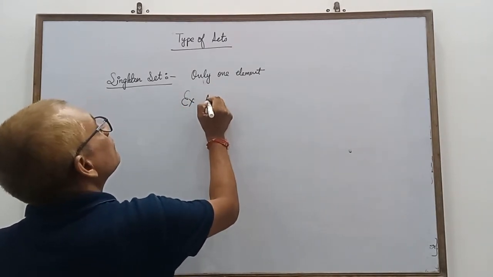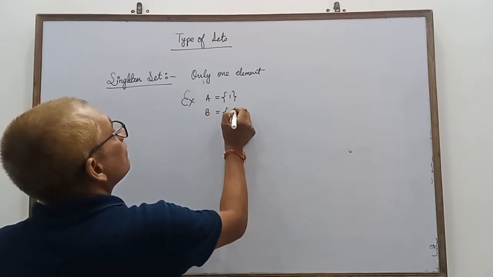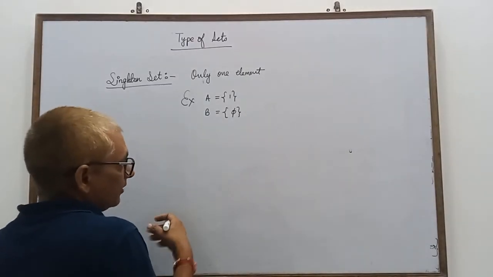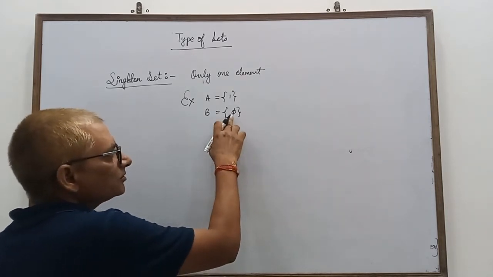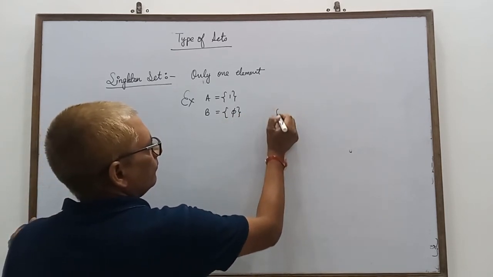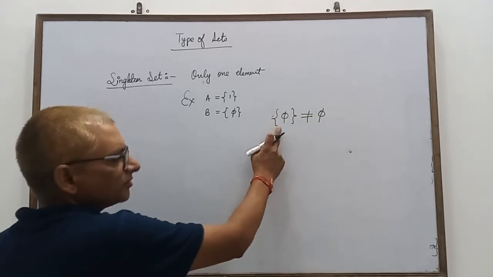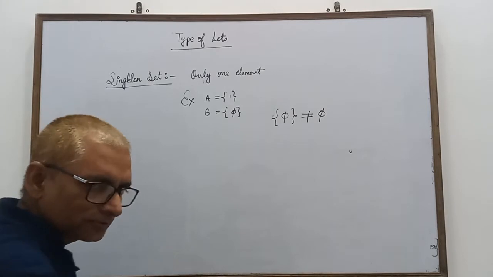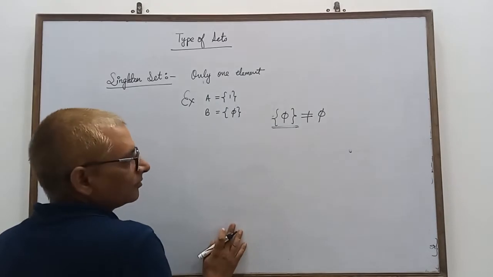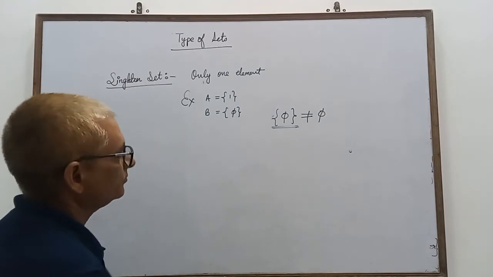Example: here I am writing {5}. To avoid confusion, 5 is in a bracket, so it is a single element. 5 is not equal to {5}. Here is an element, but here is a set. The total is a set, and it is a singleton set which has one element.